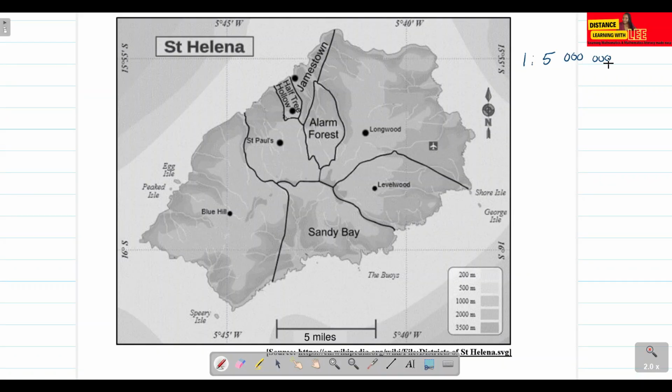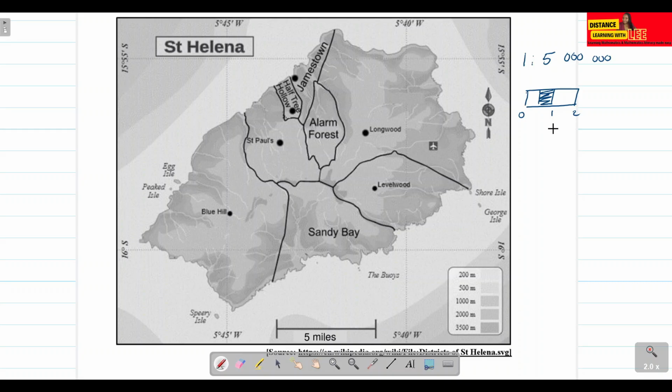You're also given a verbal scale where you will just be given something like 1 centimeter to 50,000 meters, where it would be written verbally, right? And you'd also be given a bar scale, something that looks similar to this, where you'd have maybe 0, 1, and 2. That would be a bar scale, right? So those are the different types of scales that you've basically learned about.